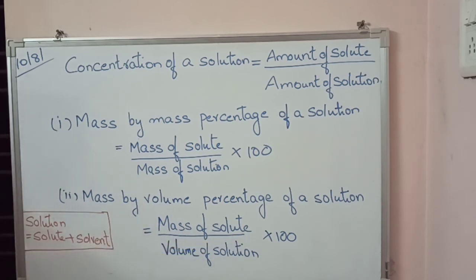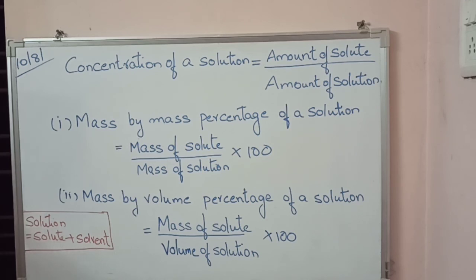If a solution consists of 20 gram of sugar and 100 gram of water, how can we calculate the concentration of the solution by mass percentage? It is equal to mass of solute by mass of solution into 100.